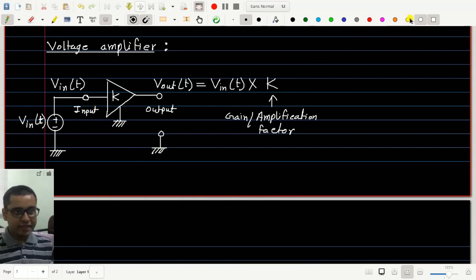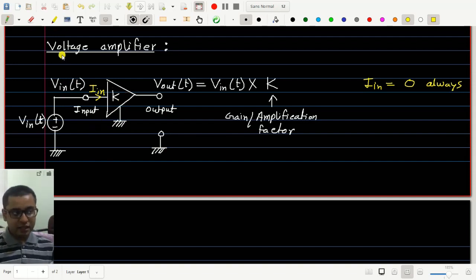Now, one very important property of an ideal voltage amplifier, which you must understand and remember, is like this. This current, call it I in, will be equal to 0 always, no matter whatever voltage you apply to the input. That means no current can flow into or out of the input terminal of an ideal voltage amplifier.